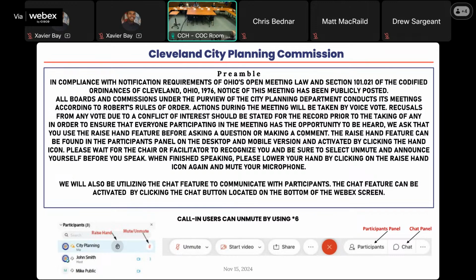I'll read the preamble. In compliance with notification requirements of Ohio's open meeting law and section 101.021 of the codified ordinances of Cleveland, Ohio, 1976, notice of this meeting has been publicly posted. All boards and commissions under the purview of the city planning department conduct their meetings according to Robert's Rules of Order. Actions during the meeting will be taken by voice vote. Recusals from any vote due to a conflict of interest should be stated for the record prior to the taking of any vote.